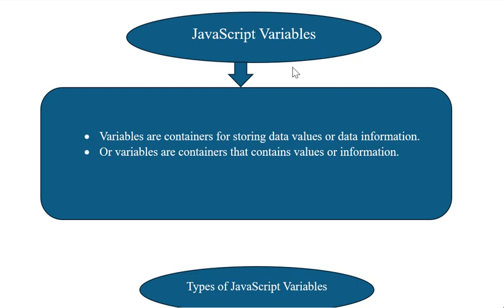So in this video, we are going to talk about JavaScript variables. So what is a variable? In the next video we will discuss how to declare and how to use variables. When we use variables, you might have some confusion: what is a variable, and why are variables used? So first we need to understand JavaScript variables.